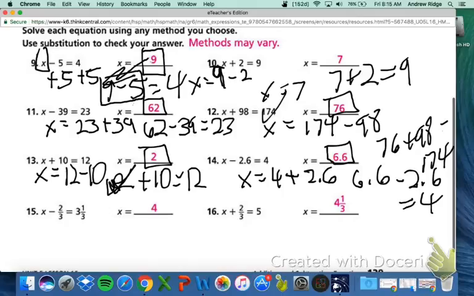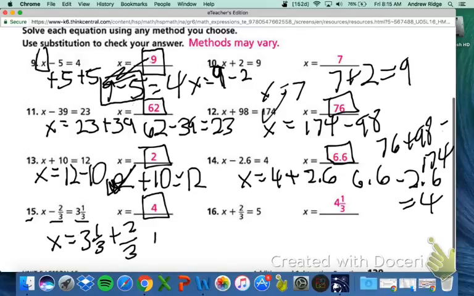Okay, we've got, for 15, x minus 2/3 equals 3 1/3. So if we say x equals 3 1/3 plus 2/3, x equals 4. And if we take 4 and we subtract 2/3, we do indeed get 3 1/3. So that one also checks.